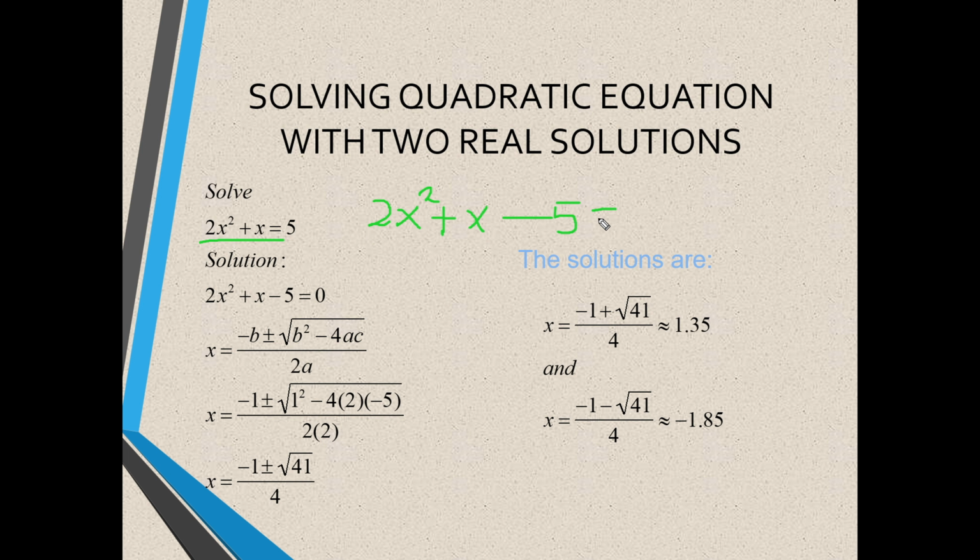So remember to take 5 to the other side so that you can get your a and then your b and also your c, right? So meaning that now your c will be -5 and then your b will be 1, and then your a will definitely be 2, right?